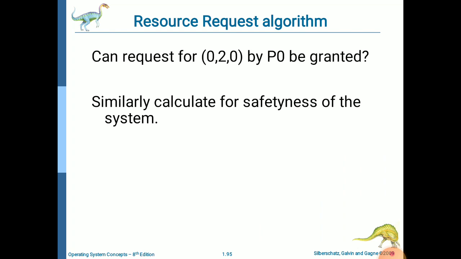Banker's algorithm comes with two steps: one is the safety check, the second is resource request handling. After the resource request is fulfilled, you check whether it leads to the safety of the system or not. If it is safe, you grant the resource. Otherwise, you deny it and allow the other processes to execute.